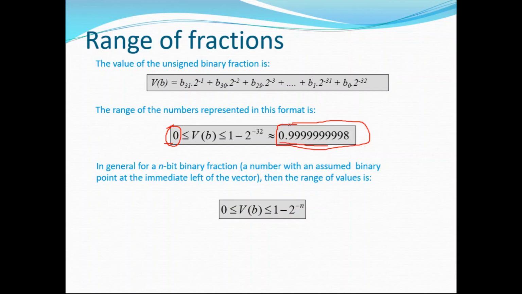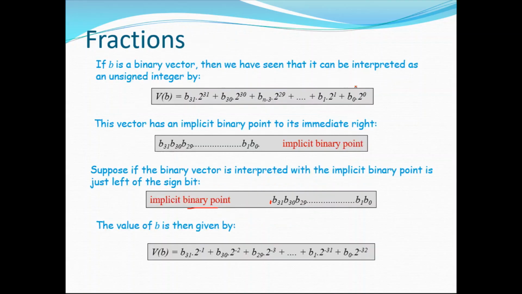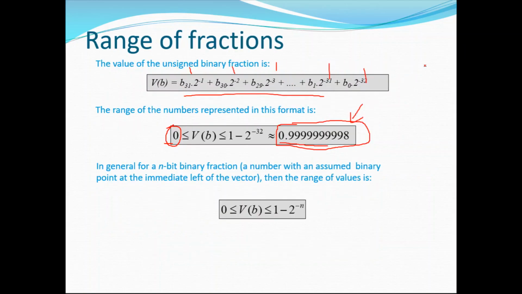As a fractional number, with this representation, this is the maximum value you can represent, because all 1s means this is what you will get. If it is non-fractional in a normal case, then this is the maximum you can represent, which is nothing but 2 to the power 32, right? But actually this is also the highest fractional value that can be represented in this format.